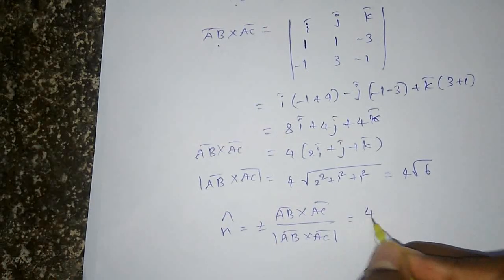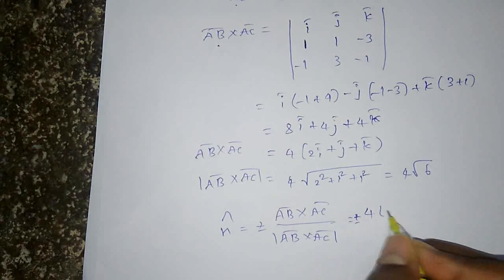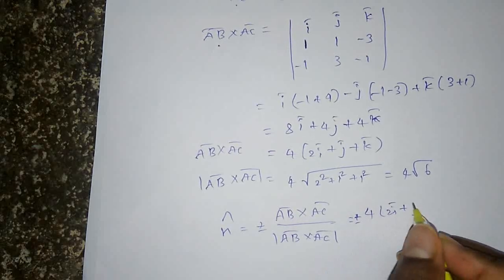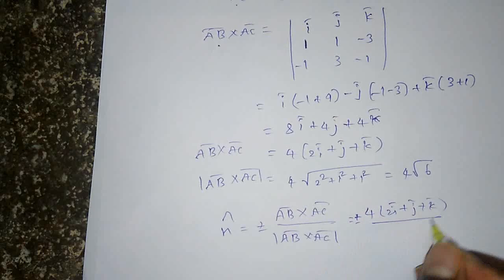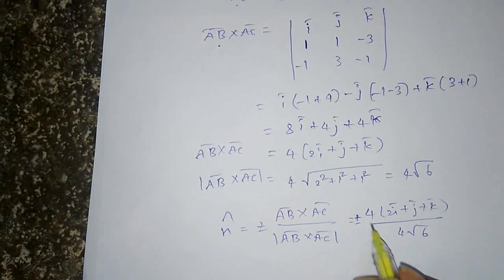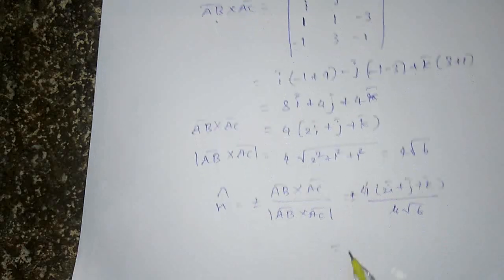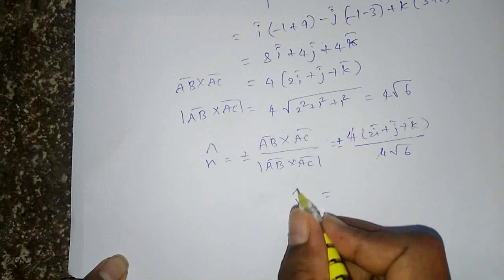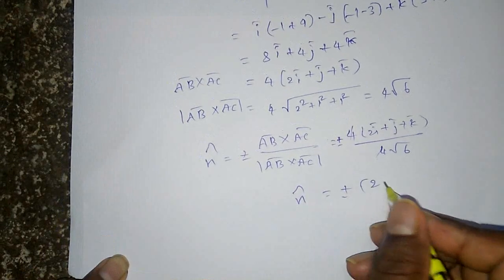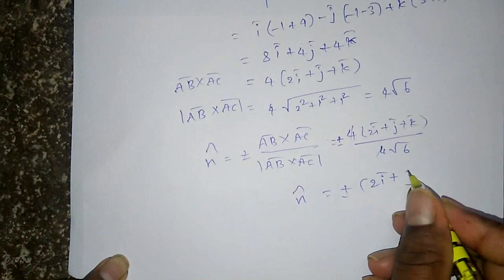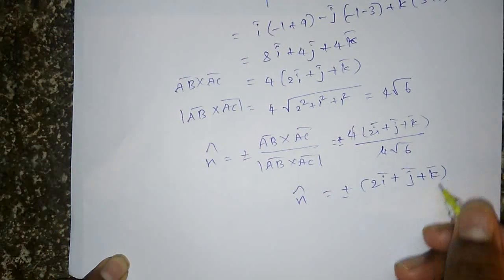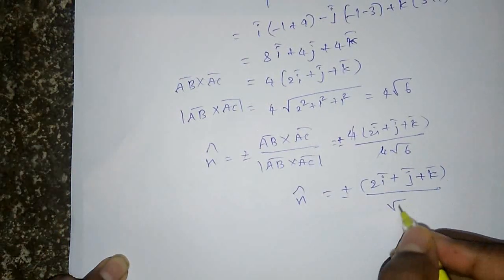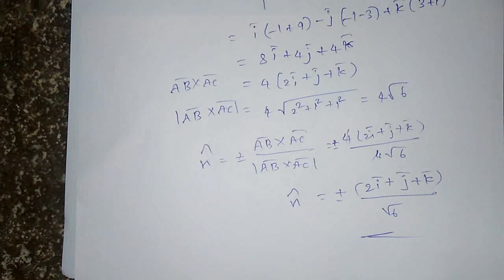So that is plus or minus 4 into 2i bar plus j bar plus k bar by 4 root 6. Here 4 gets cancelled, so the required unit vector is plus or minus 2i bar plus j bar plus k bar by root 6. So that is the required unit vector.